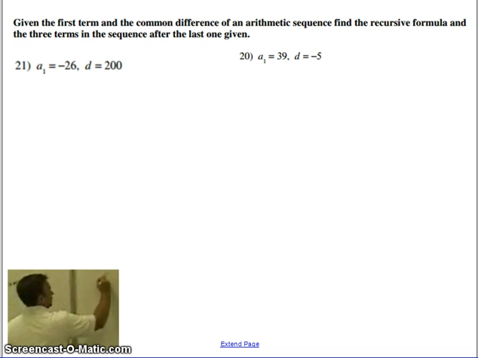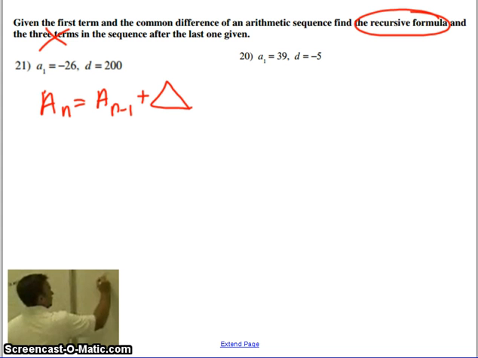Okay, now given the first term and the common difference of an arithmetic sequence, find the recursive formula. And the first 3 terms, we don't have to do that. Okay, so the recursive formula for this is going to be something like A sub n equals the previous term plus the difference.